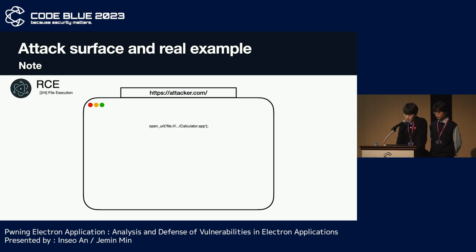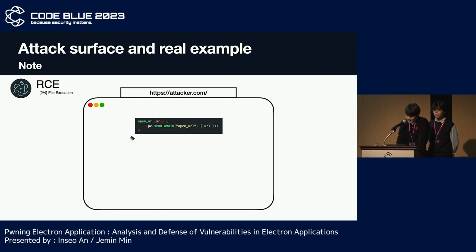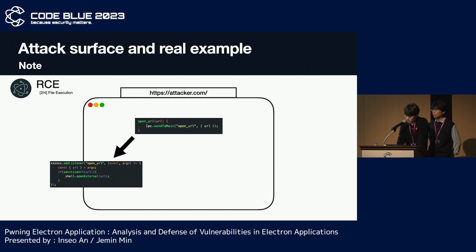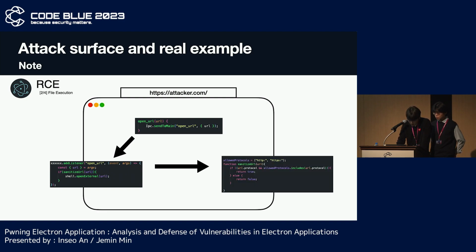Now I'm going to demonstrate how to achieve file execution using the XSS vulnerability I mentioned earlier. First, there is an API in the top page called openURL, which sanitizes the URL provided as an argument and opens it externally with the specified conditions.